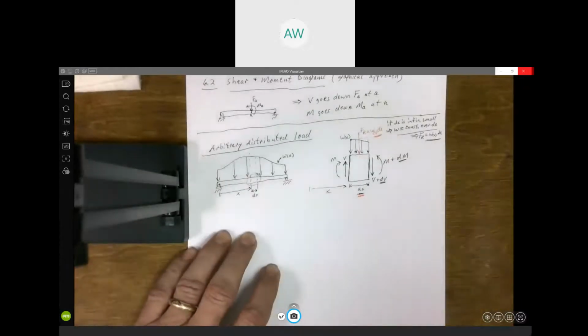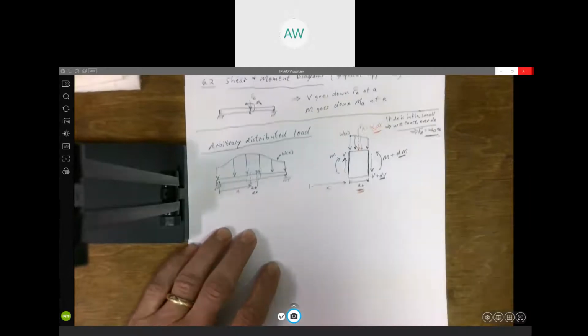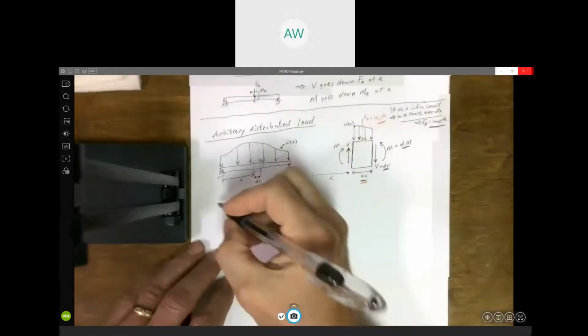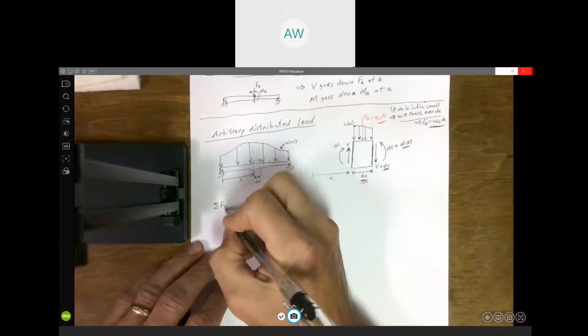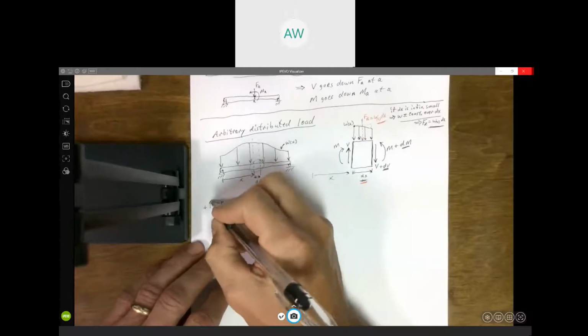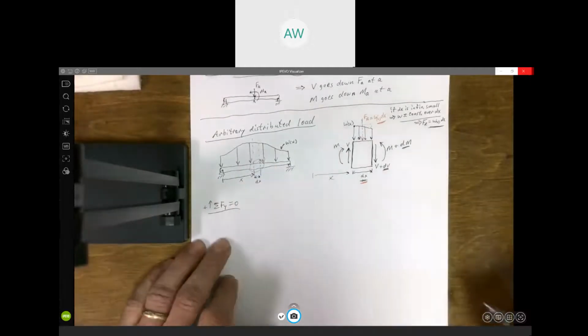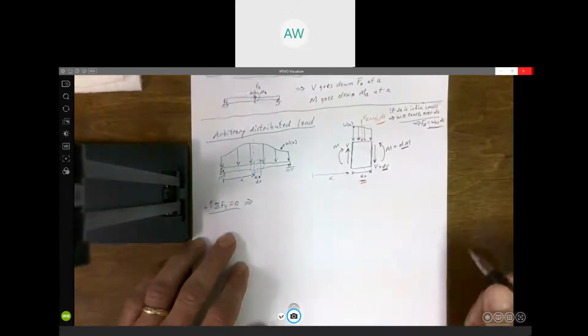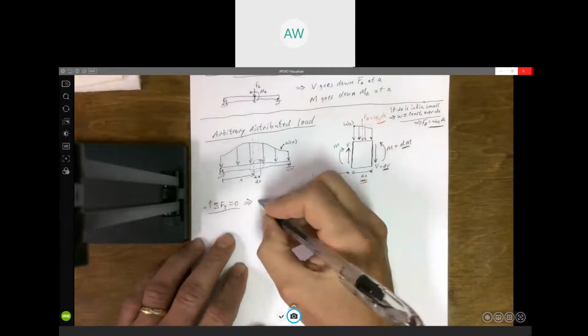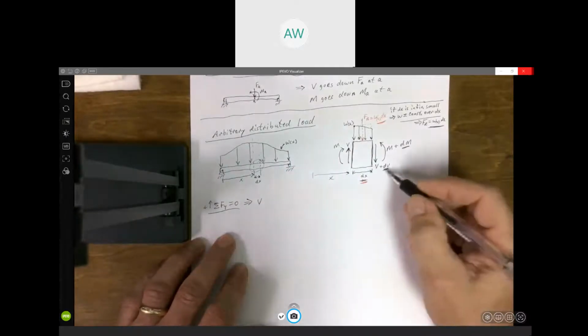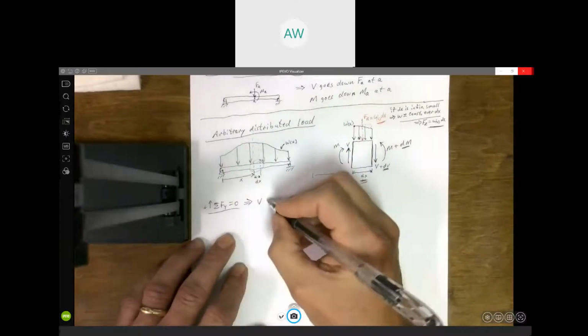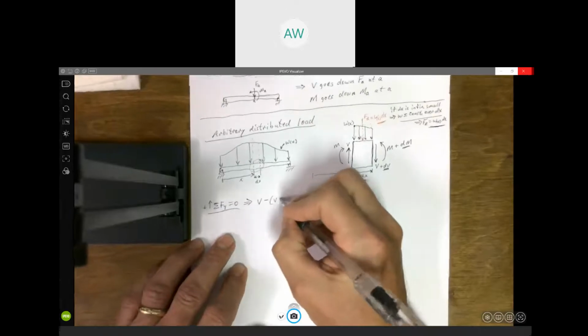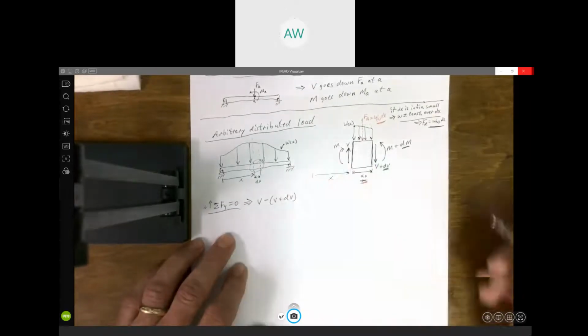So now we're ready to apply our equilibrium equations. We'll start with summing the forces in the y direction, set those equal to 0. So I've got V, I assume, is going up. We've got V plus dV going down, so that would be minus that force.